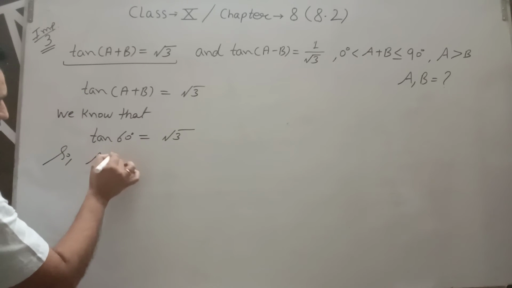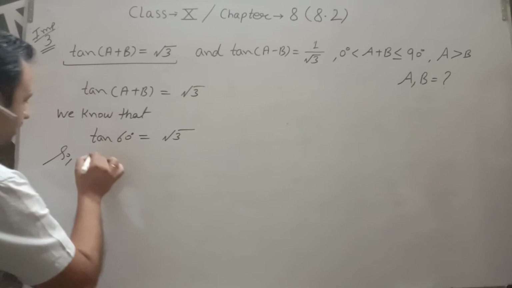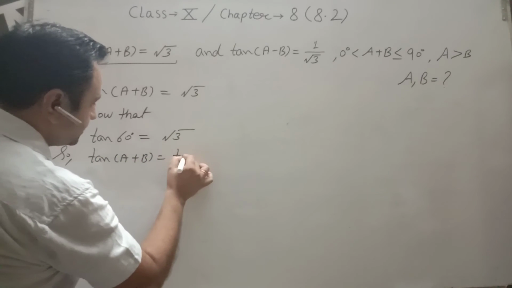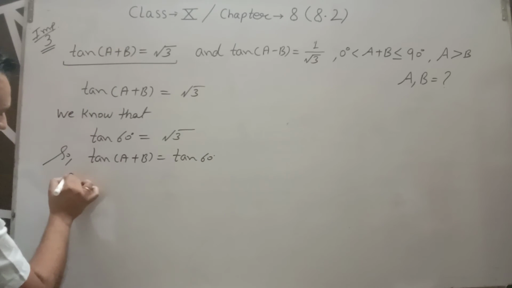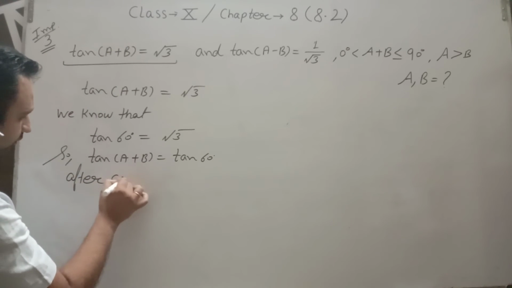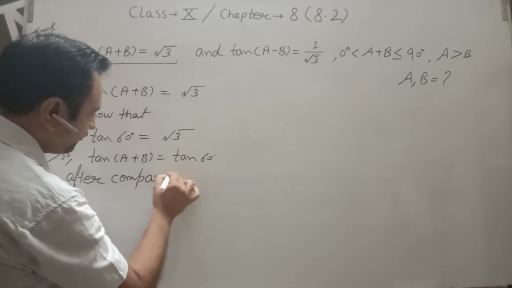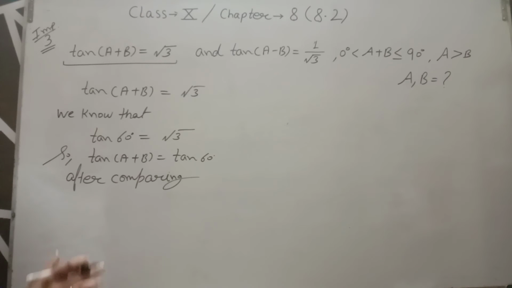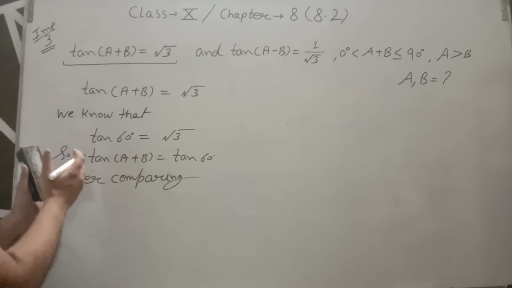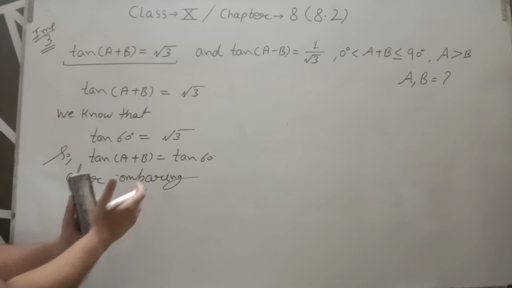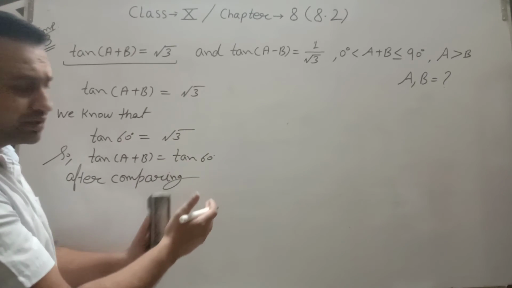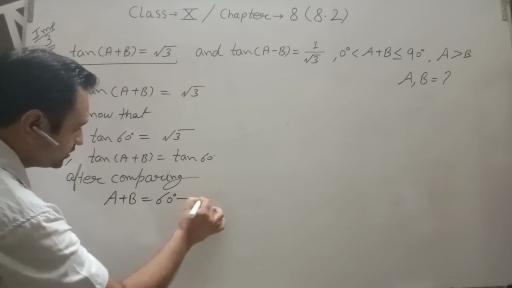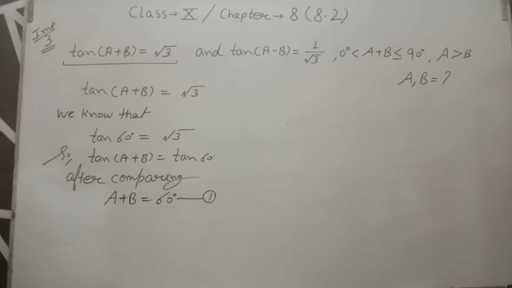So we can say that tan (a plus b) is equal to tan 60 degree, and we compare. We are not cancelling out tan and tan, but we compare the same trigonometric ratio tan with (a plus b) and the same trigonometric ratio with 60 degree. So after comparing we can say that a plus b equals 60 degree, and just note down equation number 1.